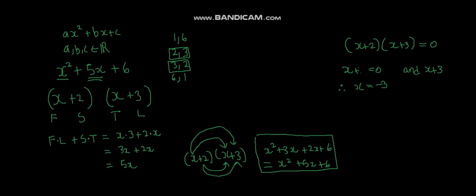Yeah, there we go. So x plus 2, looking at the first bracket, you would get x is equal to minus 2. Looking at the second bracket, x plus 3 is equal to 0, so therefore x is equal to minus 3.